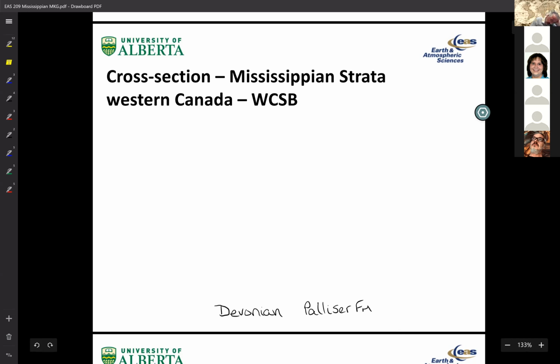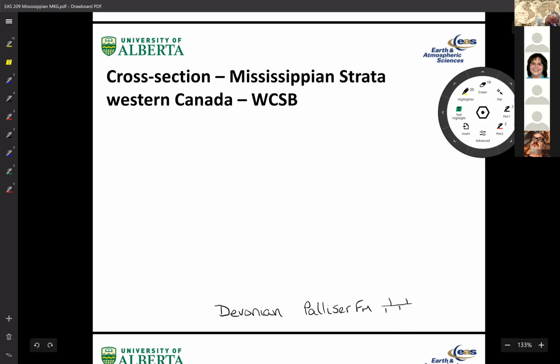And you probably remember that it's a nice limestone. And above the Palliser is an unconformity. There's time missing.